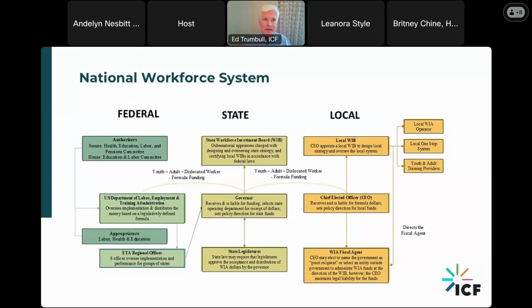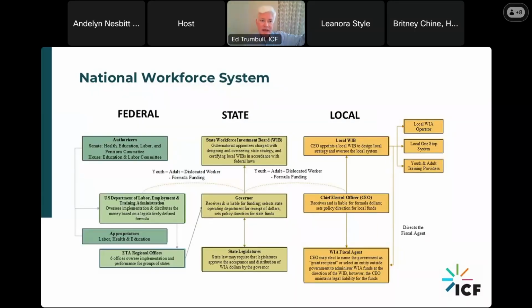It's been authorized and appropriated over the last 5 or so years, and a bipartisan working draft is being considered by Congress right now. So at the federal level, the current WIOA system is about $3 billion, and it's directed towards adults, youth, and dislocated workers. Adults are considered individuals that are underemployed. Youth, classically 16 to 24, both in school and out of school, and dislocated workers are individuals who have lost their job through no fault of their own.